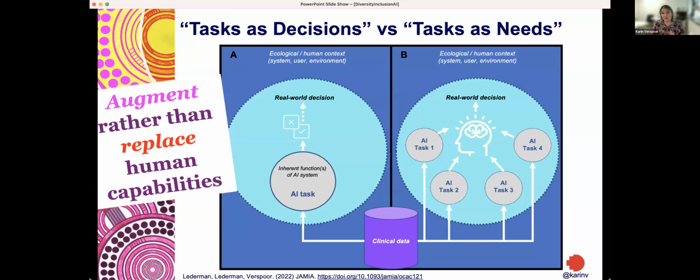And so I've been developing this model in the clinical context where we really want to be thinking about augmenting humans rather than replacing human capabilities. And sometimes this might mean that we have simpler, more constrained AI tools that solve more specific problems and surface information or provide predictions that can then be combined by the human brain to make a decision, rather than leaving the entire decision-making process to the machine.